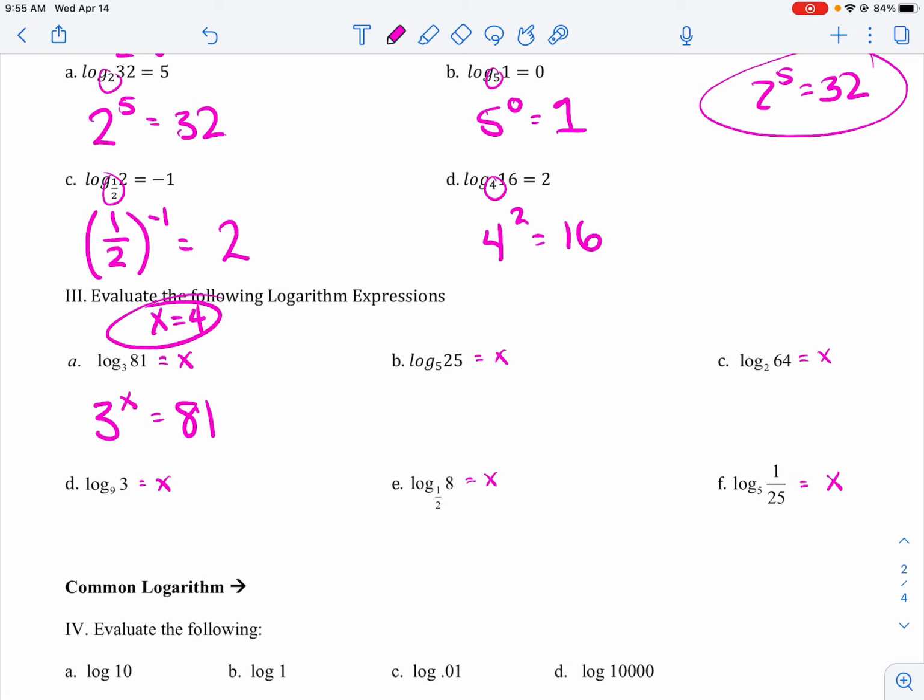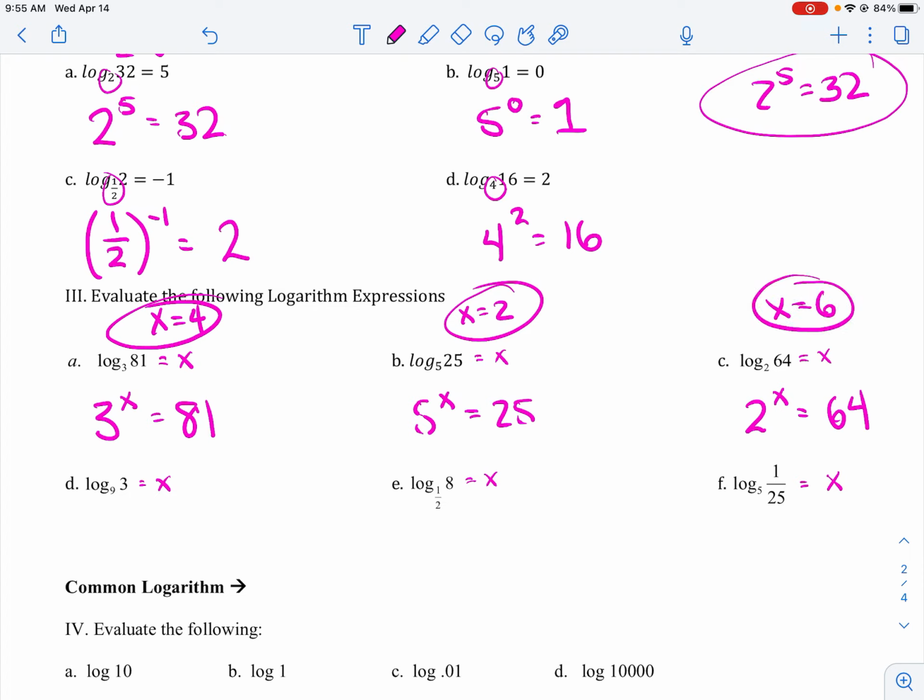Let's go over here. 5 to what power equals 25? Well, it's got to be squared. 2 raised to what power equals 64? I believe that's a 6, right? That should be, yep. X is equal to 6. Those ones are a little bit easier, right?